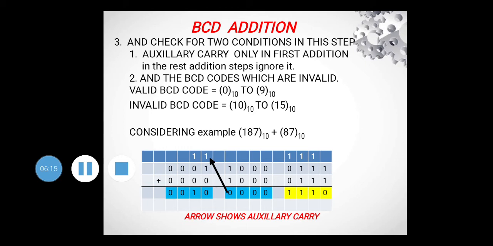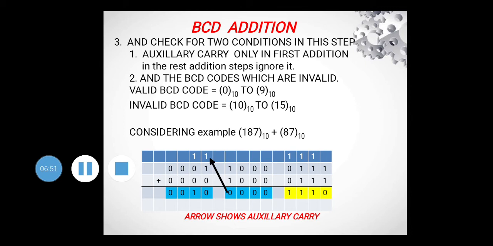So you are going to check this table. I have written the codes which are supposed to be added: 187, where 1, 8 and 7 are each represented in 4-bit binary. Then 87 is also represented in 4-bit binary, and the third number, that is 0, I have added here before 87.